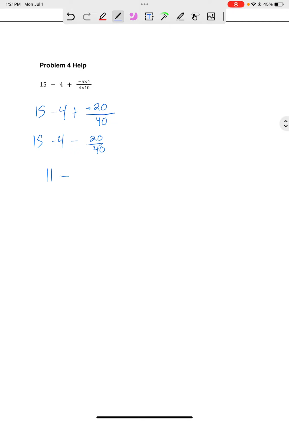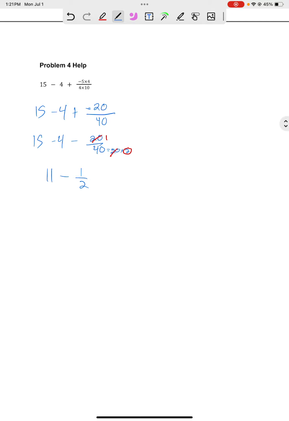But you could also just say, well, since 40 is 20 times 2, I'm going to have a cancellation of the 20s and have a 1 left on top and a 2 left on the bottom. So that I'm doing 11 minus 1/2. And so now we can swap to fractions or decimals, whichever one is most appropriate in your setting.